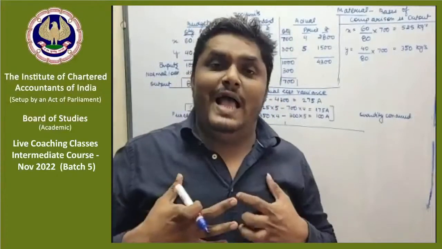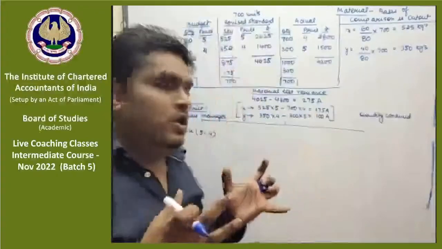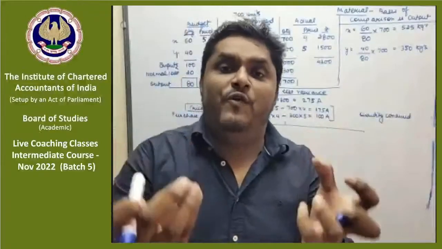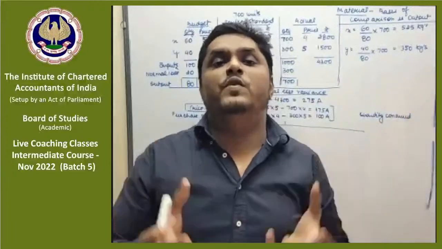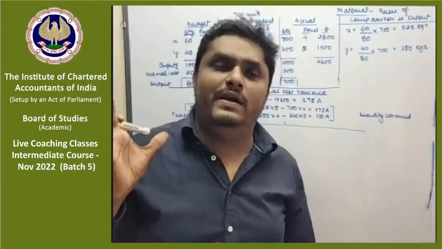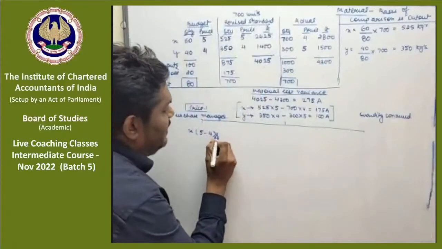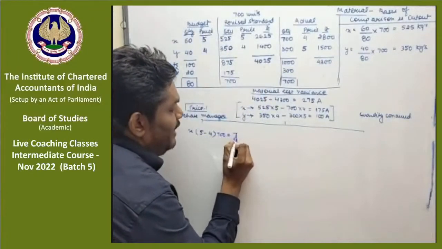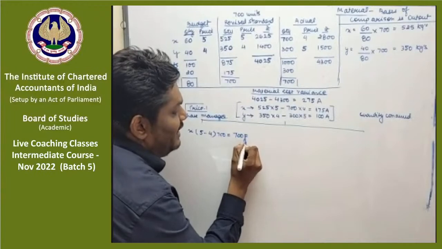Now, since I purchased 700 units, my performance will be based on the units purchased. I was instructed by the management to purchase 700 units, so I purchased 700 units. So herein I can say it is 700 favorable for me.